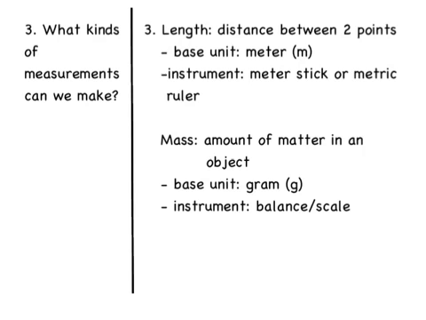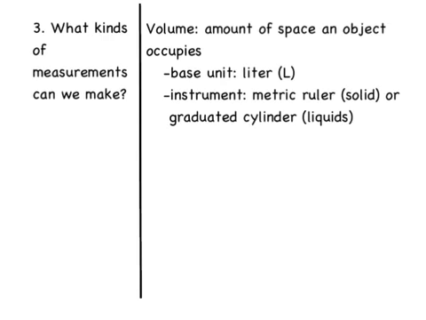Our next measurement that we can make is called volume. So our third measurement is volume. Volume is defined as the amount of space an object occupies or takes up. So how much space it takes up is its volume. The base unit for volume is what we call liters.